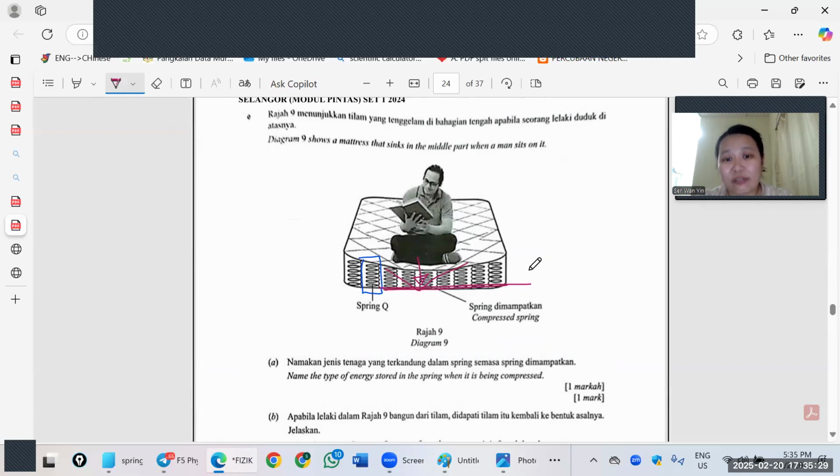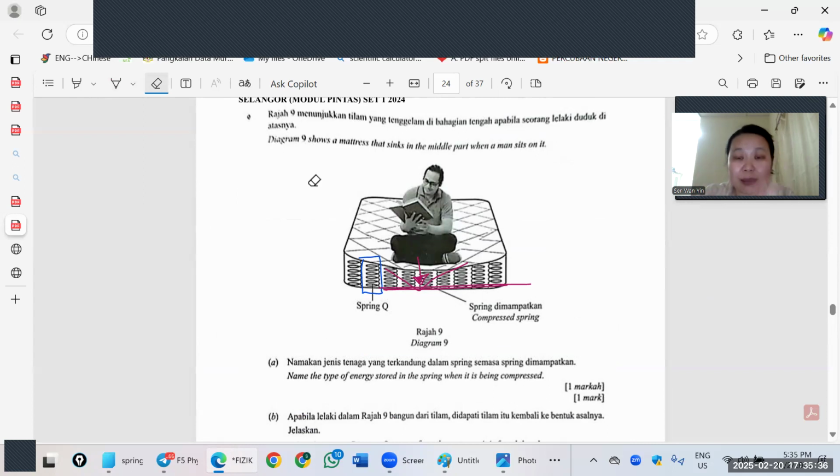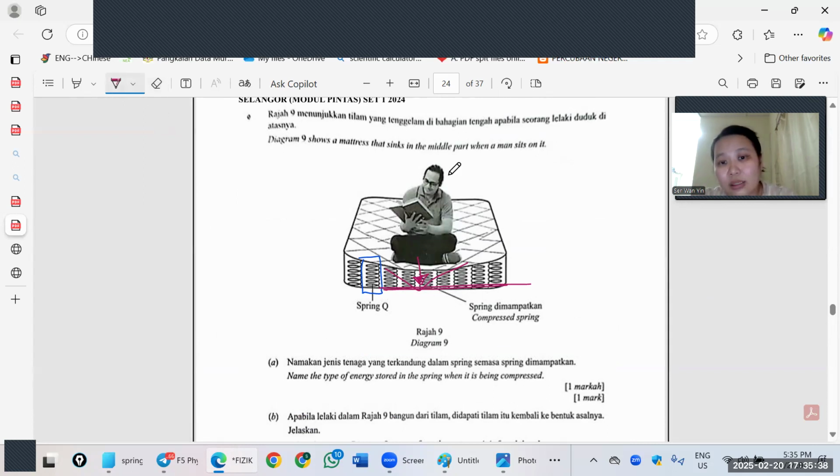We don't want that. If so, why do we buy the spring mattress, right? So we want it to support our back. So actually we want shorter X. Shorter X means stiffer, means spring constant high.